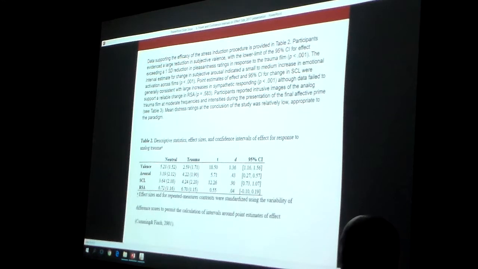Okay, so these are just looking at a stress induction procedure. This looks familiar. It should, because it's the same data that you worked on in the last problem set. Looking at differences here at neutral, trauma, change, effect size, and confidence intervals around those effect sizes, right?